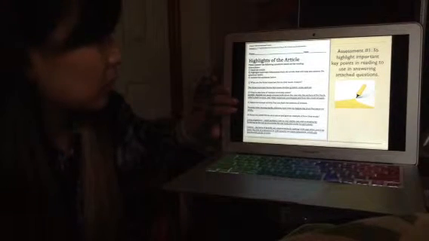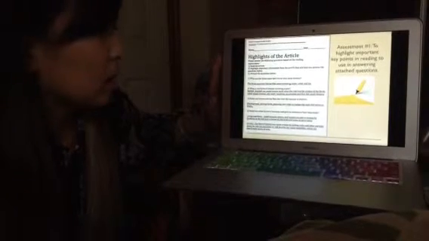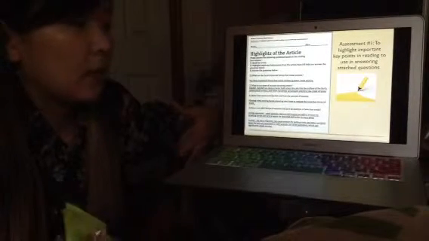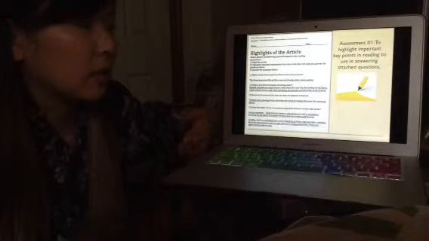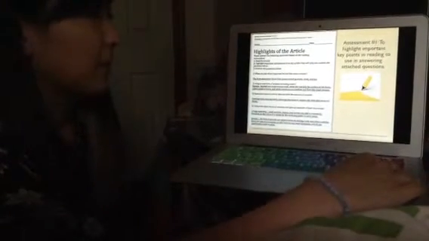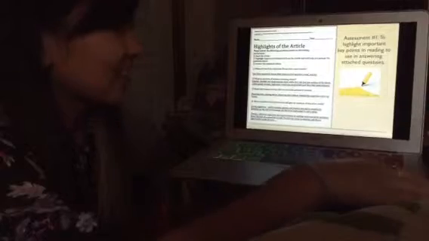For example, number 3, name one human activity that can limit the amount of erosion. So when they're reading the article, they're going to find some examples and they could think about how they could relate it to limiting the amount of erosion in their normal activity at home. Critical thinking and researching.